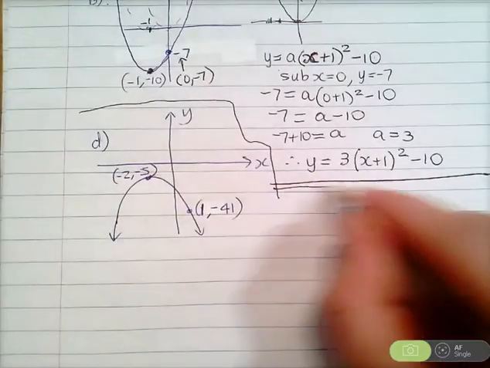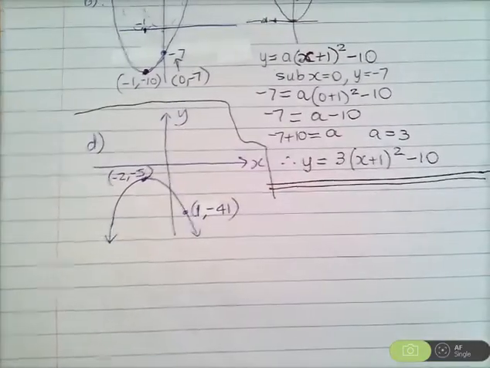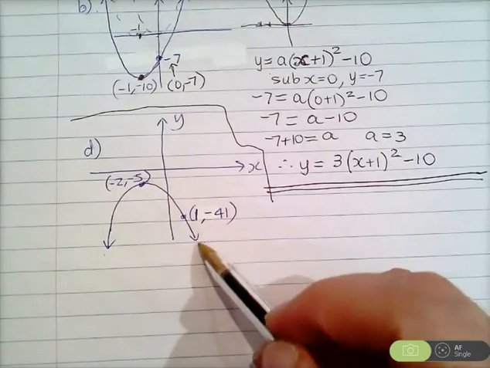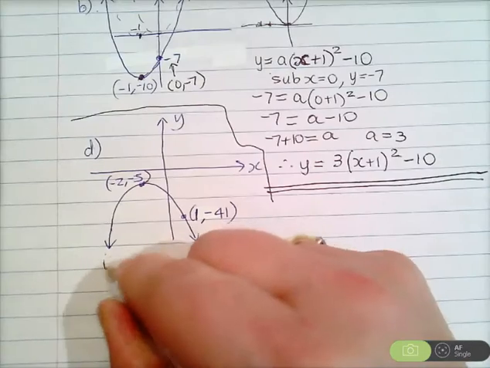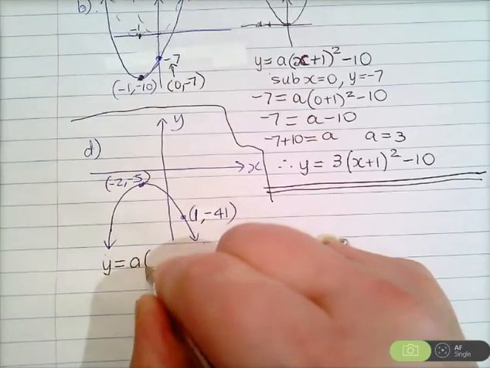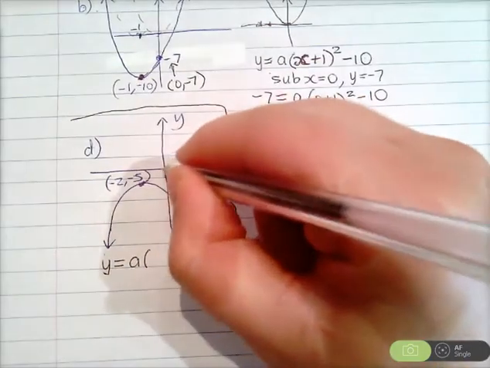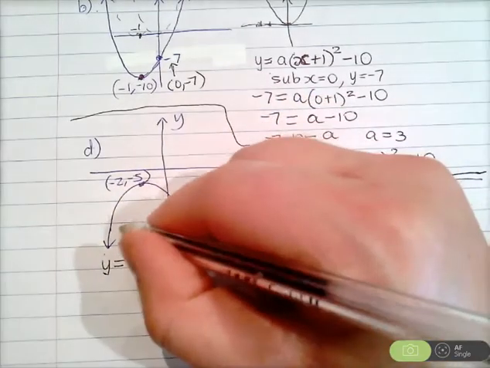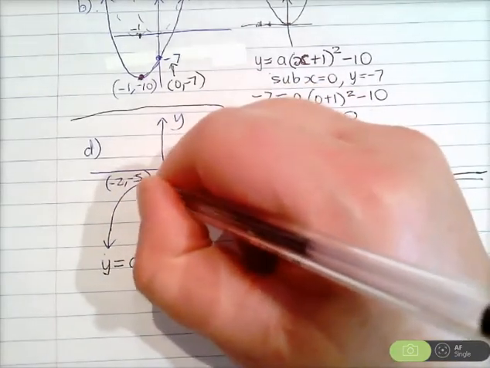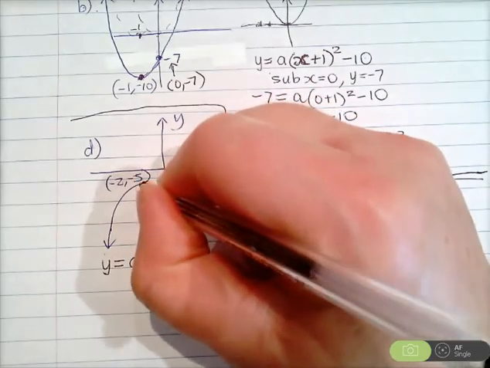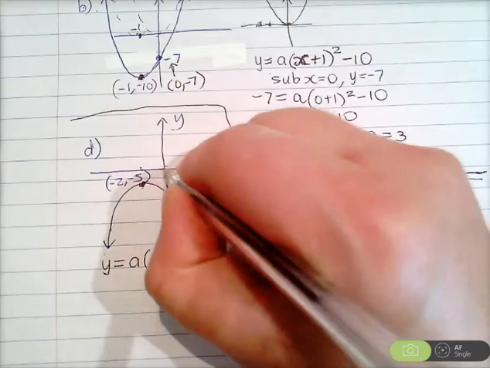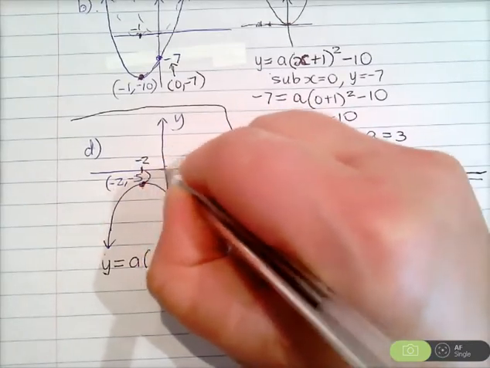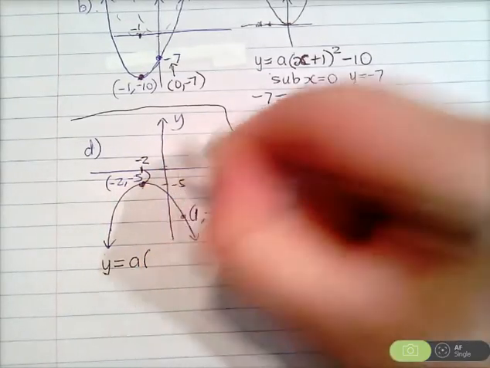Now I'm going to look at this second example. It's the same process again, so we've got y equals a something. Just think, how did this parabola come about? It's concave down and the vertex is (-2, -5). This is not drawn to scale, but to get to that point you have to go across -2 and down 5.